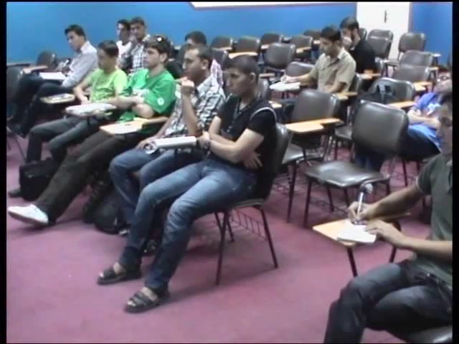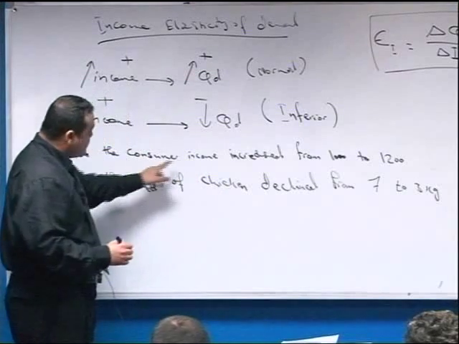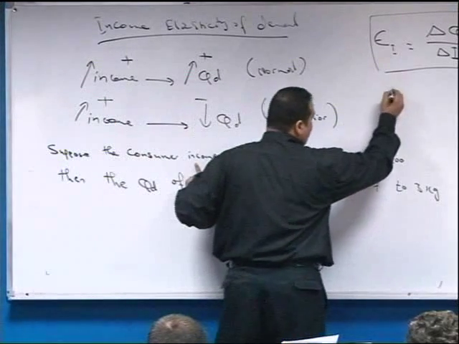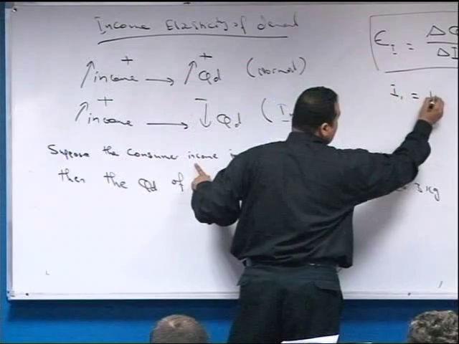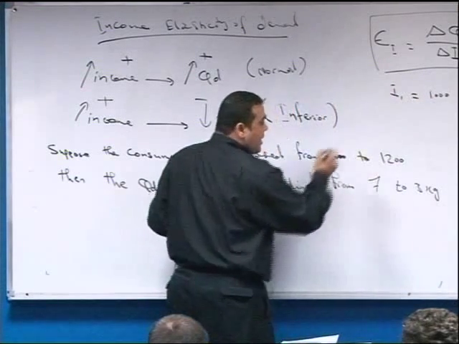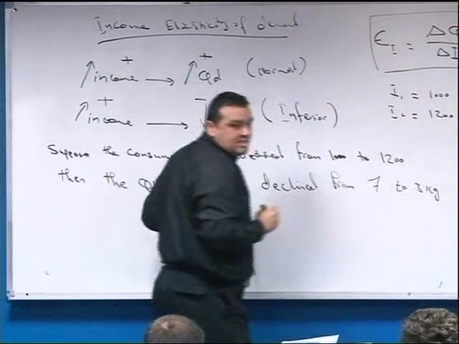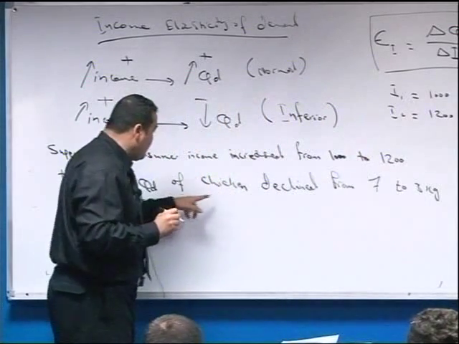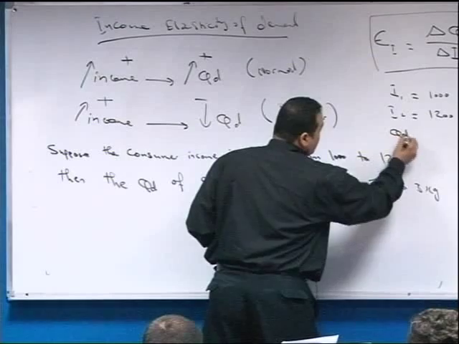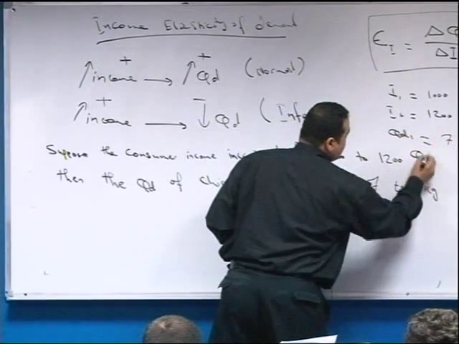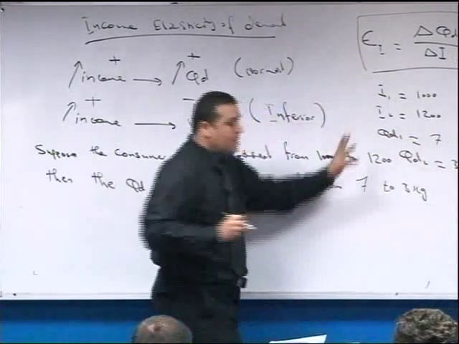So in this case, this is our income: I1 equals 1,000 shekels, I2 equals 1,200 shekels, QD1 equals 7, QD2 equals 3.